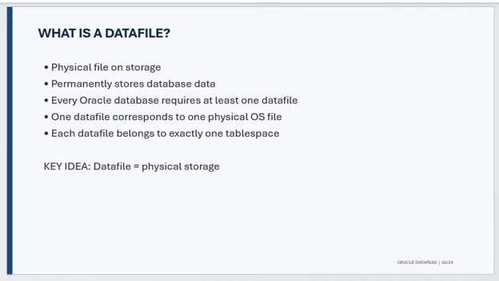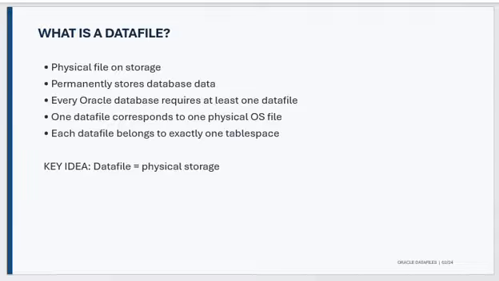As we create a data file inside the Oracle database, an associated physical operating system file is also created with a .dbf extension on the storage. And the third rule is that each data file belongs to one and only one tablespace at a time. However, the reverse scenario is a little different, as a single tablespace can contain multiple data files.